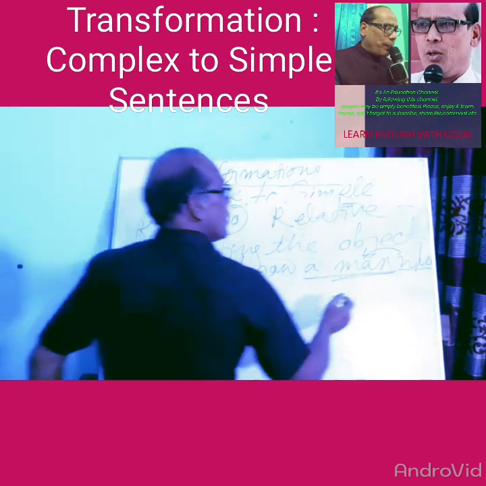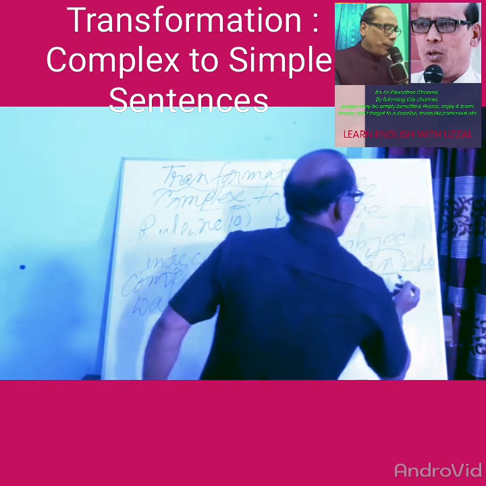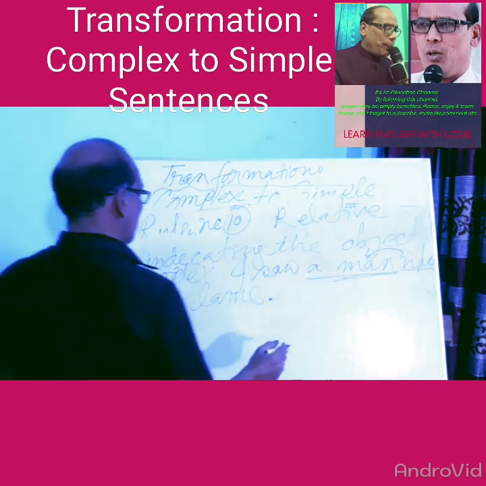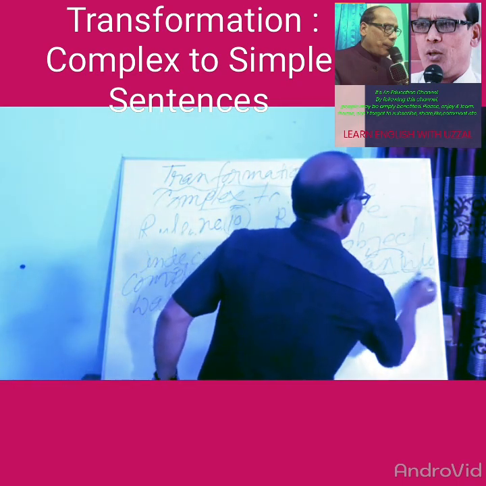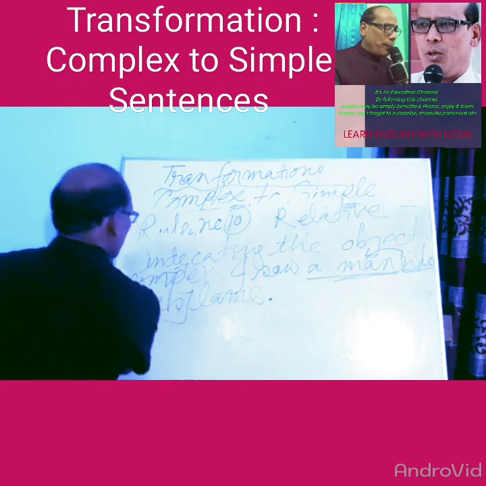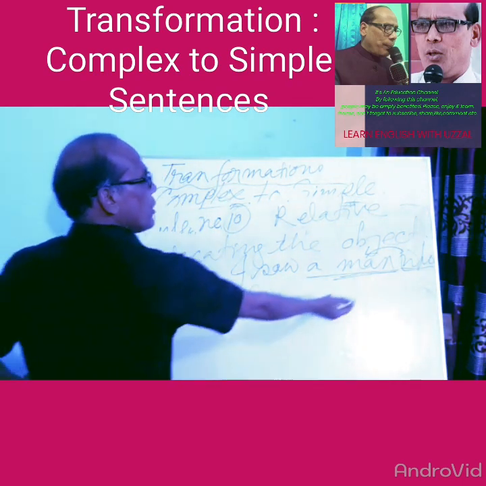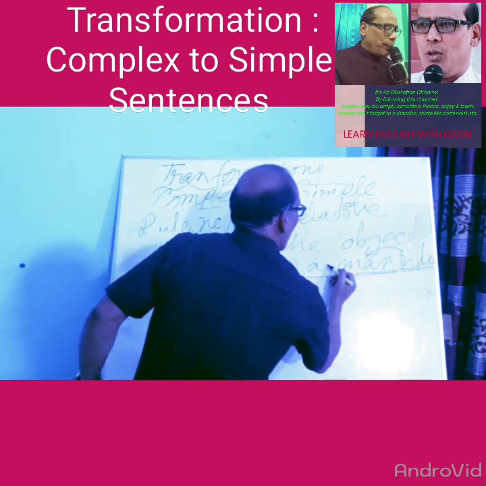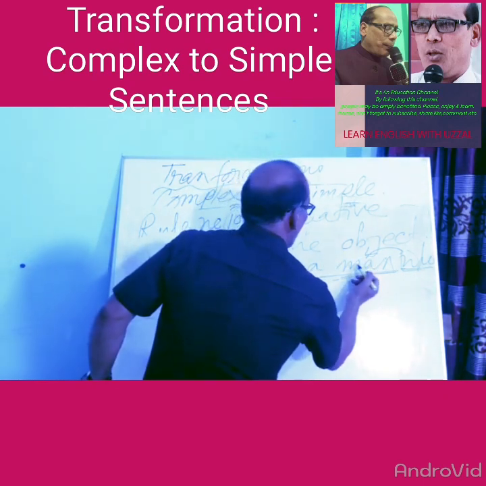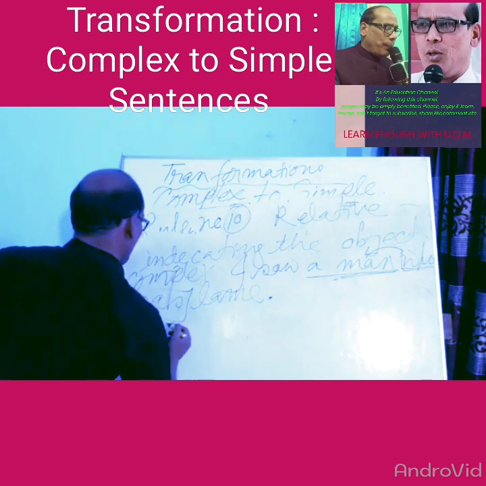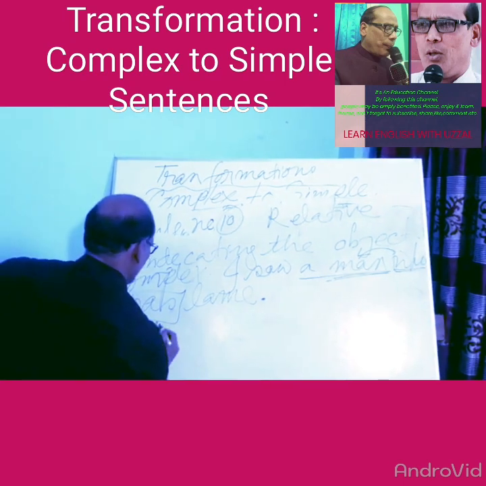So in the same way, "who was" will be omitted, and lame is an adjective, it will come between the article and the noun.